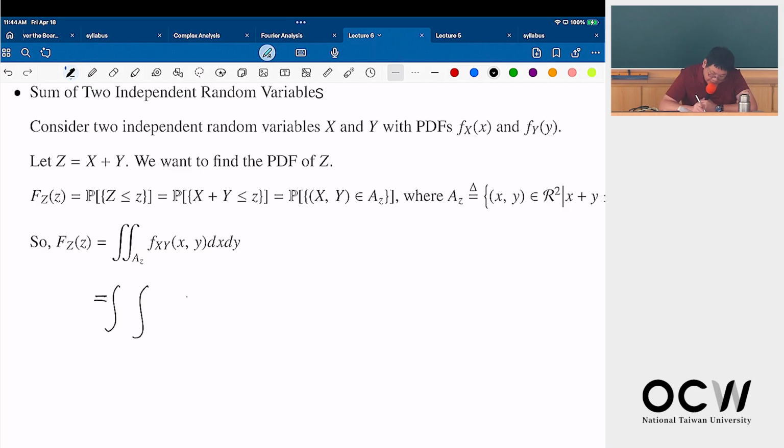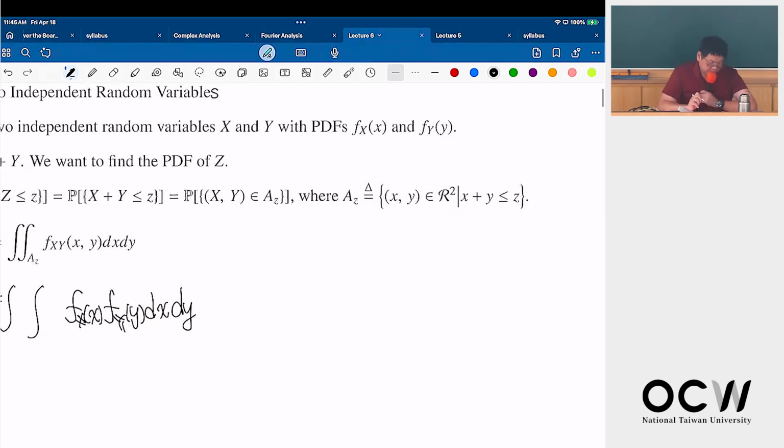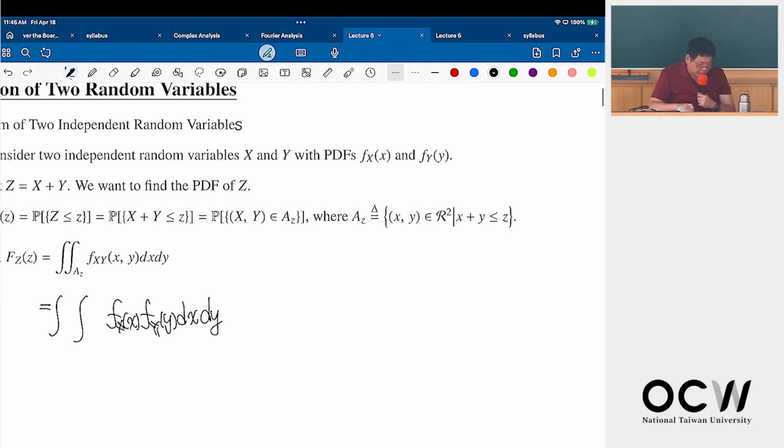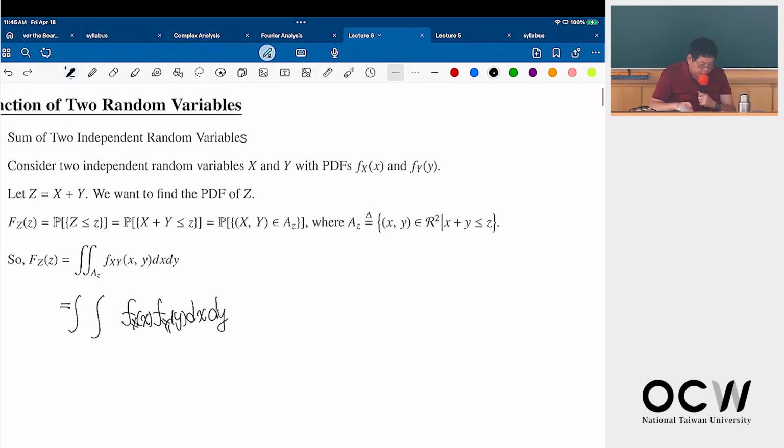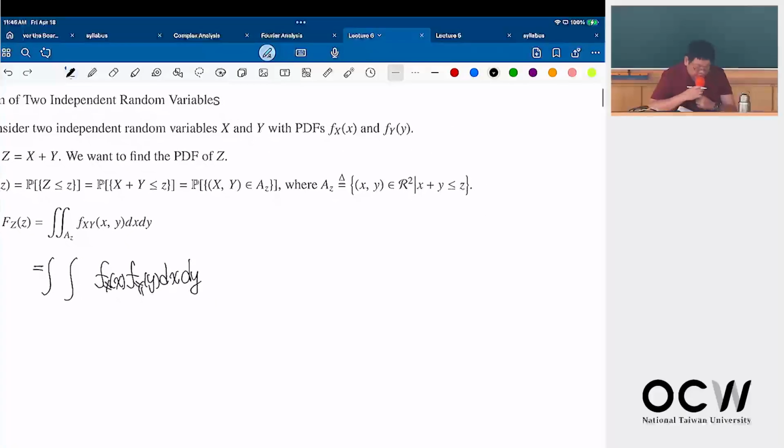When they are independent, I have the PDF of x and the PDF of y, dx dy. But we need to check the range. So first, let's draw x plus y.